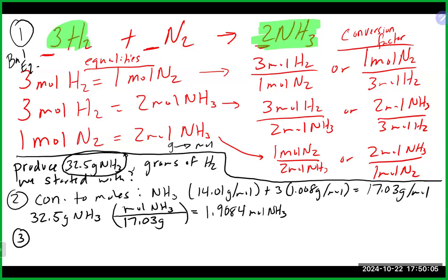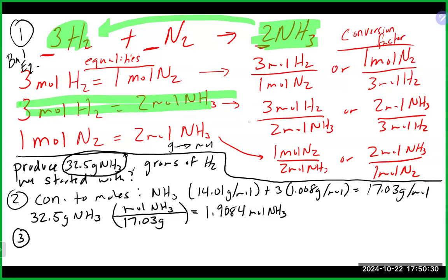That gives us, from the equation, a conversion factor that allows us to move from our product side over to our reactant side. We can't look up on a table how many moles there are in H2 to NH3, so we use the equation basically as a conversion factor. That is the middle one here.